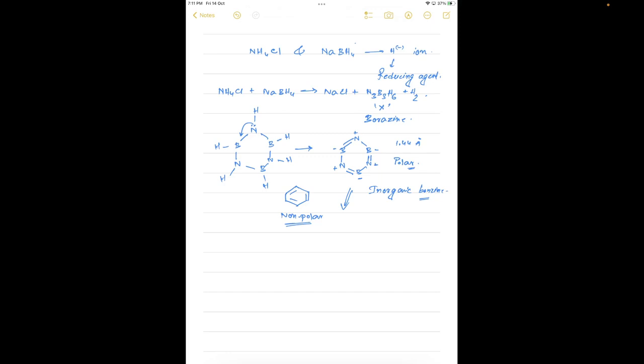So that's why it is clearly an unsaturated heterocycle. Saturated compound means all the bonds between the atoms are single bonds. Unsaturated means it has double and triple bonds. So borazine has 6 pi electrons, and there is a double bond between the nitrogen and the boron atom. So it is clearly an unsaturated heterocycle.